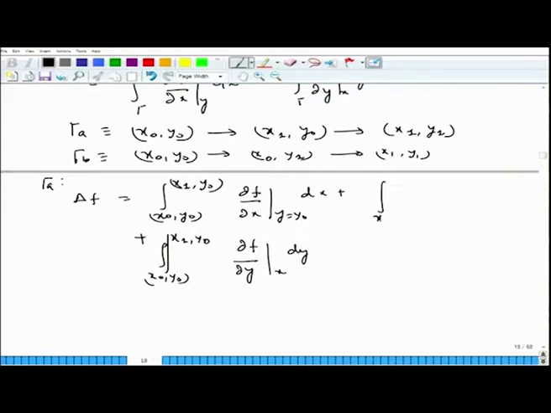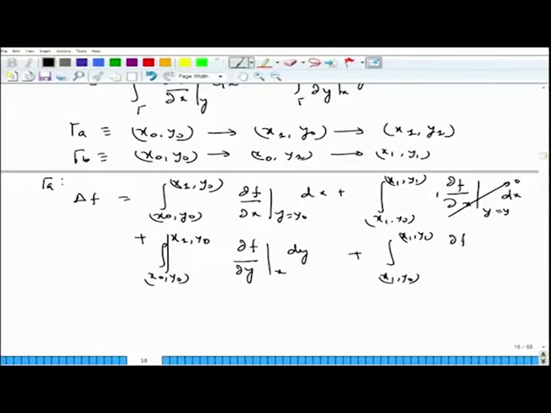So it's going to be del f by del x, where y is variable and x1 is fixed, which means this term is going to be 0 considering that x is fixed, and the second term is going to be the integral from (x1, y0) to (x1, y1) of del f by del y, dy, where x is nothing but x1.